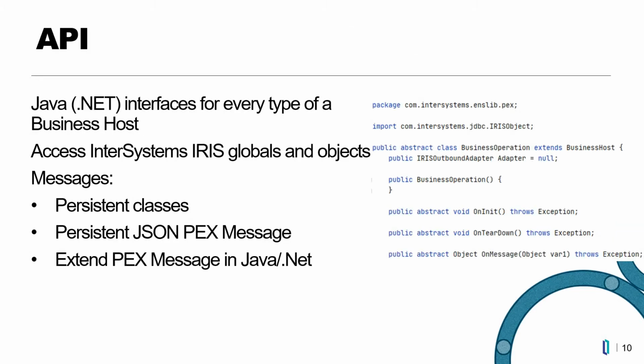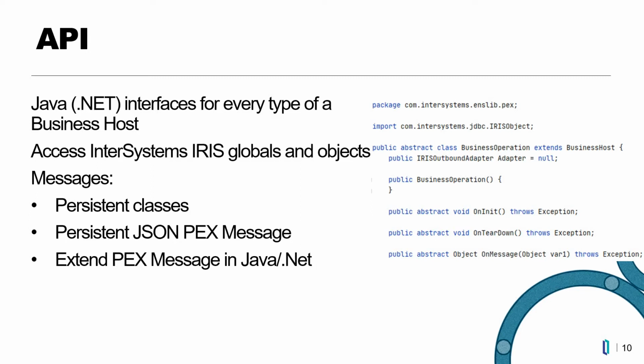Here's how it looks. In a gateway library, we provide interfaces for every type of business host. So if you want to develop a Java business operation, for example, you extend the business operation class and implement the required methods, and it's done. Inside your business host, you can access InterSystems IRIS globals and objects.